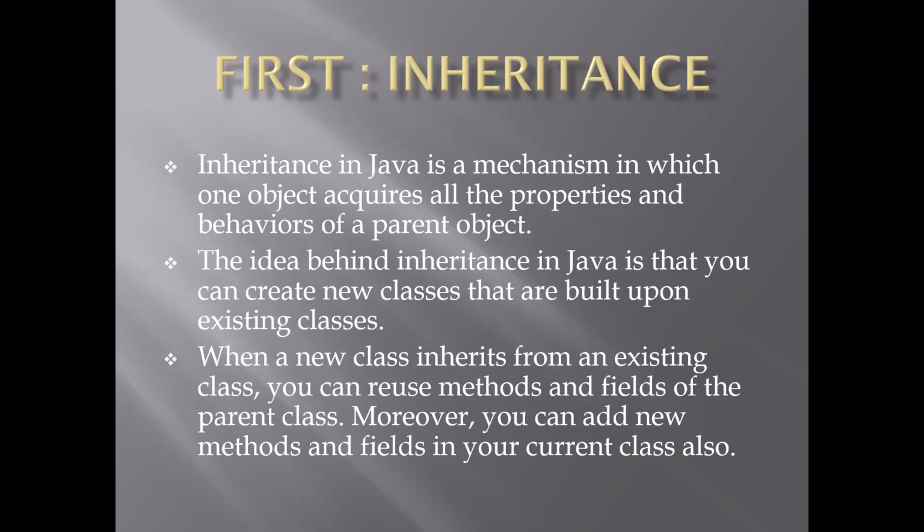Same as in real world. Like when we have a parent and the child inherits the properties of his father, like maybe eye color, skin color, hair color, accent, some behavior, right? In addition to all this, the child has his own special characteristics, right?